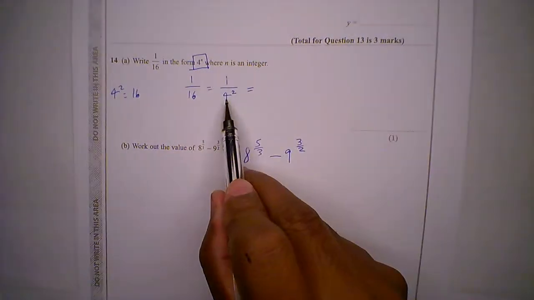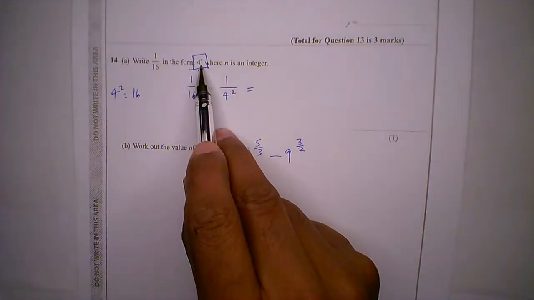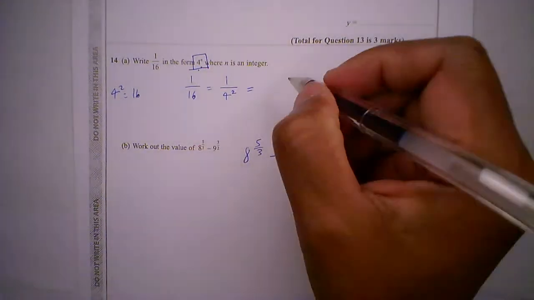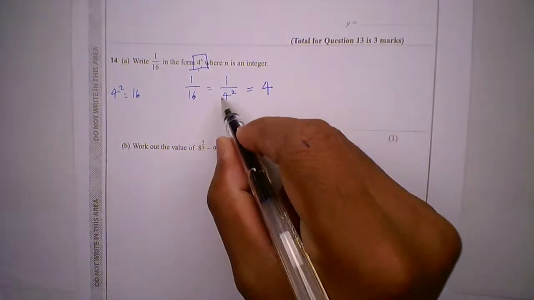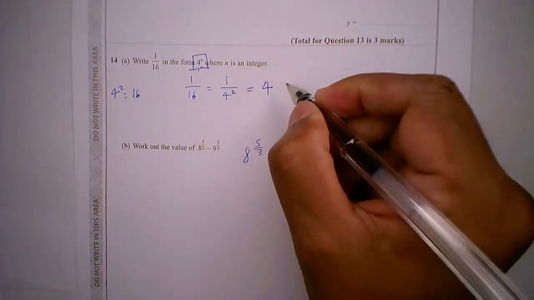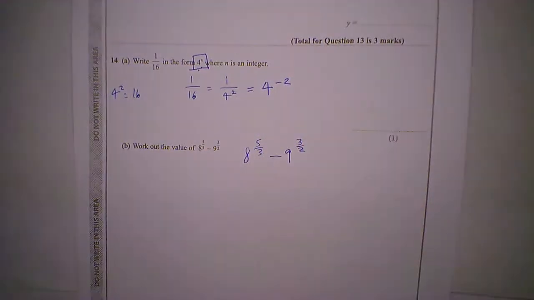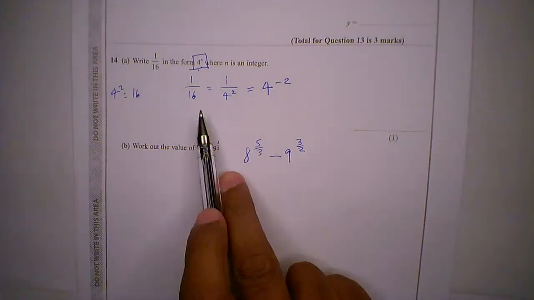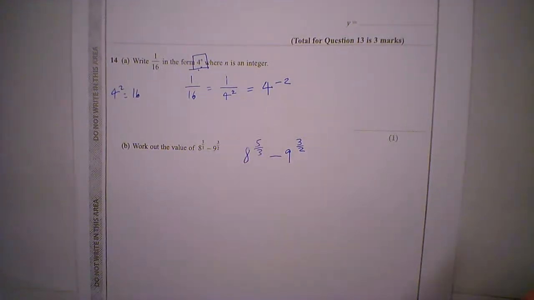I cannot leave my answer like that. It's asking me for 4 to the power n, so because it's at the denominator, it's going to be a negative, so it's minus 2. Just being a little bit careless there, you could easily lose that mark. So having that there, exactly the way the question has asked us to.